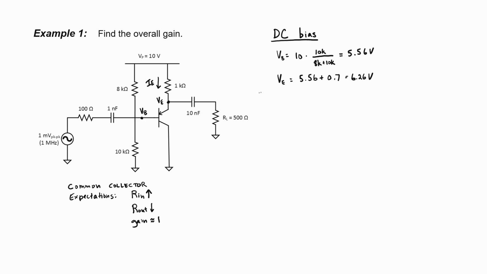The emitter current, I sub E, is then the voltage drop across this 1 kilo ohm resistor divided by 1 kilo ohm. So we have 10 at the top of the resistor and 6.26 at the bottom. We get about 3.74 milliamps here, and that current's basically going to flow through the collector, which is just grounded.